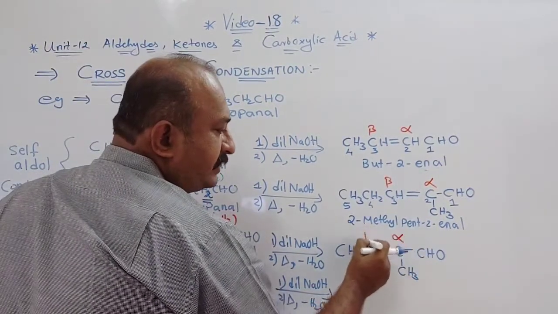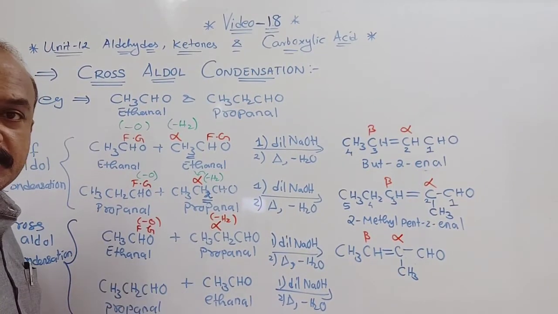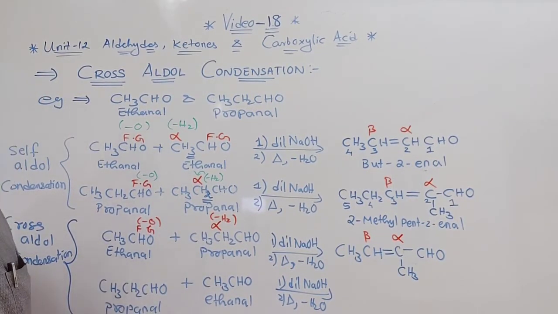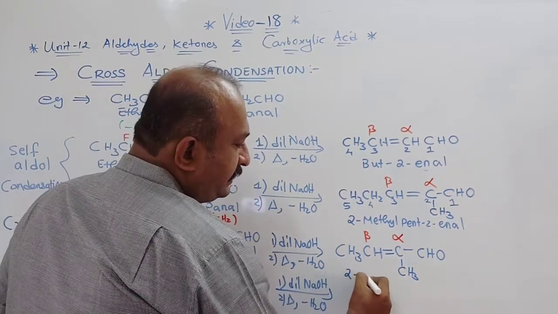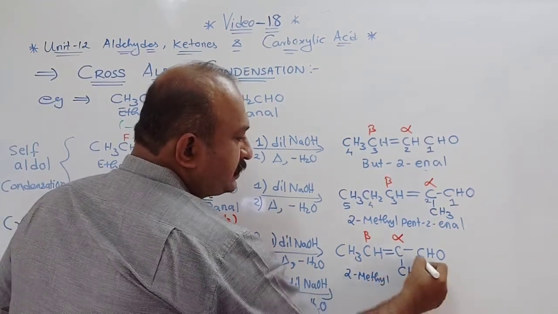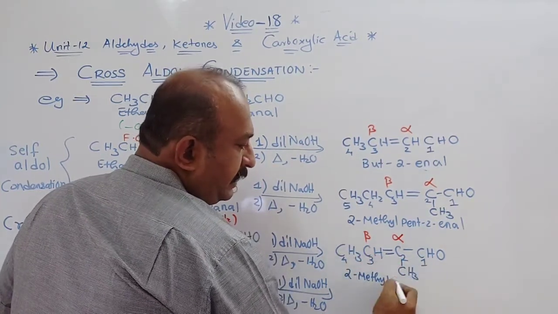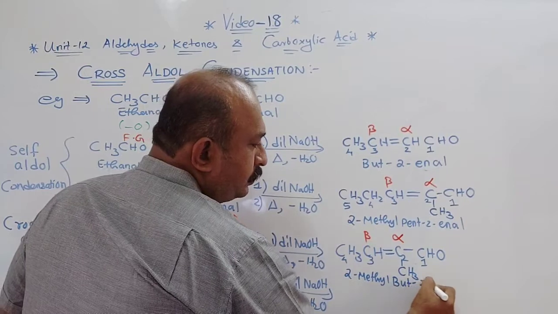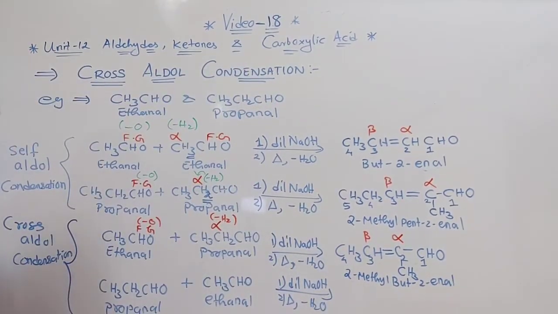This is your alpha and this is your beta. In your book the name for this cross-aldol is 2-methylbut-2-enal, because this is 1, 2, 3 and 4. This is the cross-aldol product we are getting.